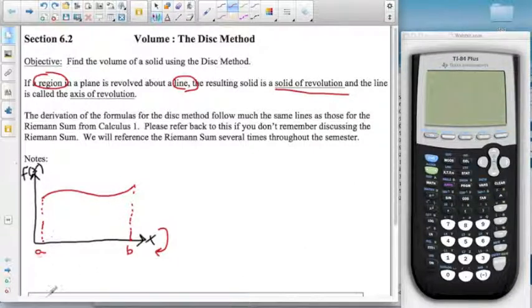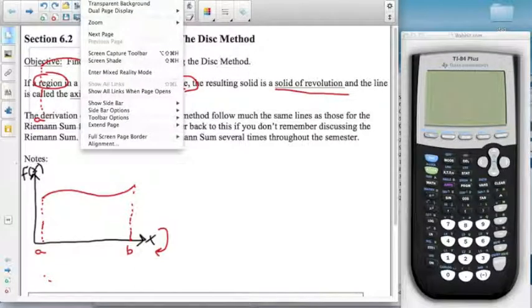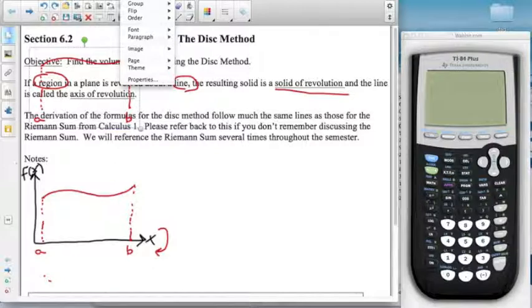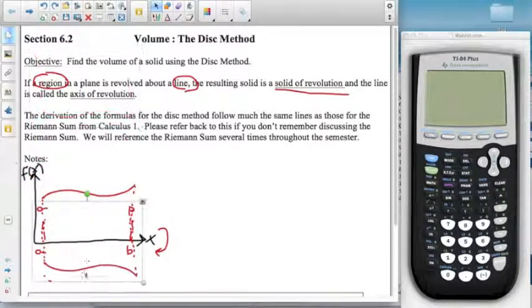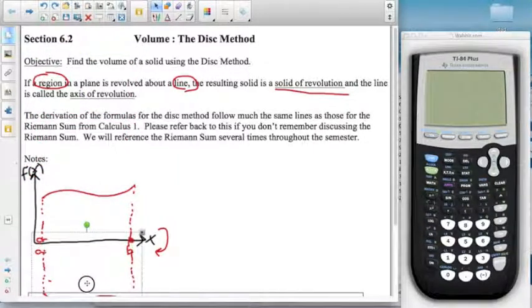this three-dimensional solid that looks something like you would get if you would take this and clone it and flip it over that horizontal axis.